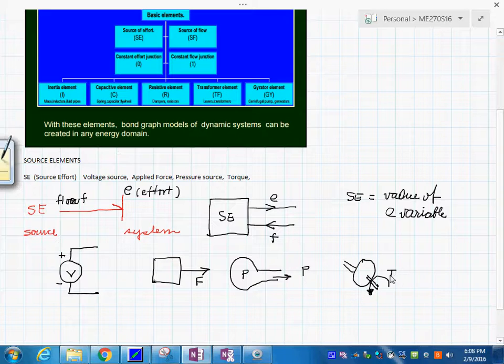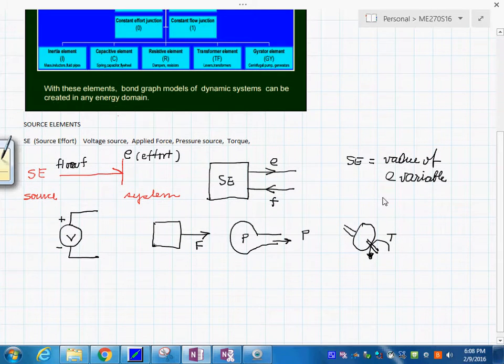And like for example in here, you will say a source of effort. The way we name things in here, like for example, let me just put a label in here. If we have it like this and this has a number, let's say 5. So this is the bond number.